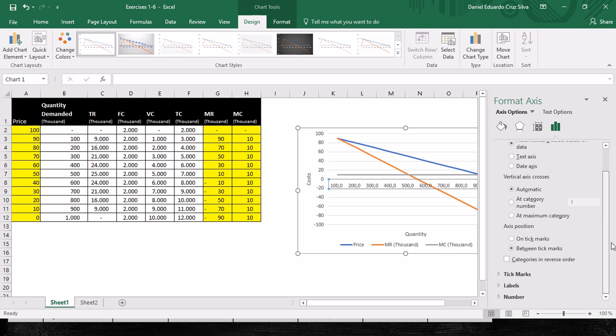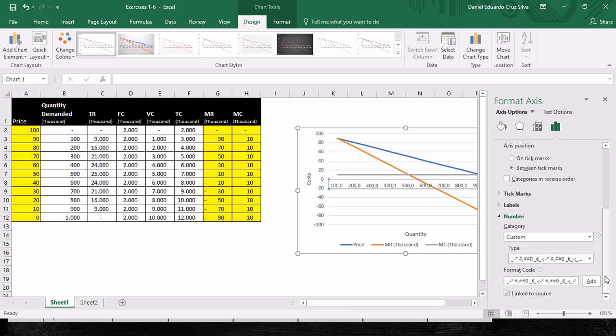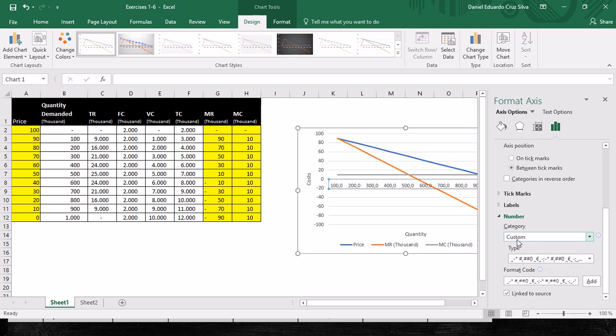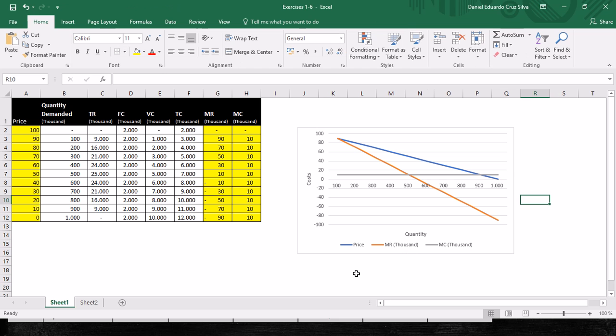Here, vertical axis, number, the type. Let me verify here how we can change that. Okay, we did it. We changed this one, and then we have, okay. Then this one should be represented.